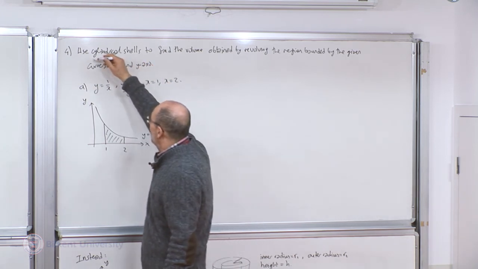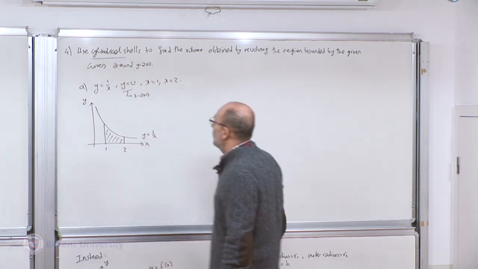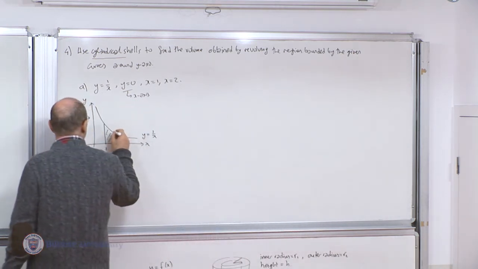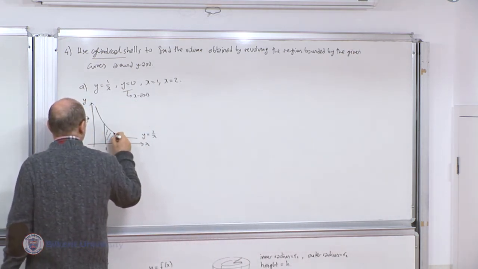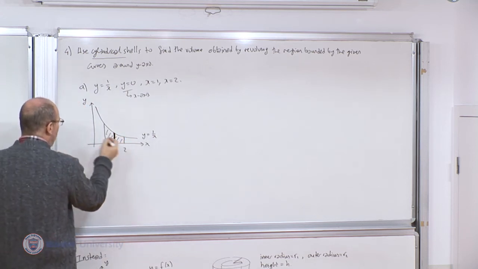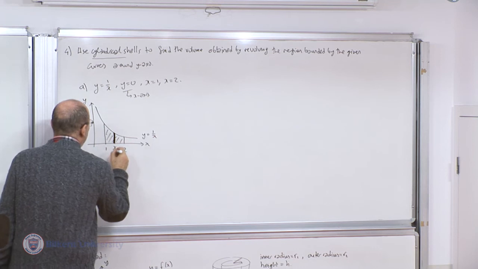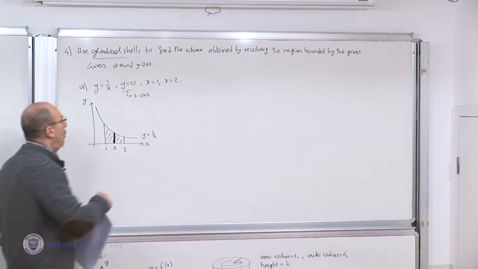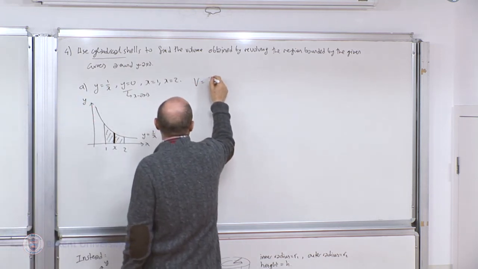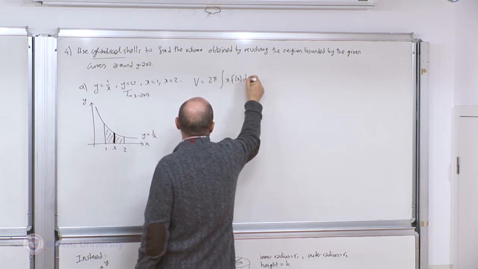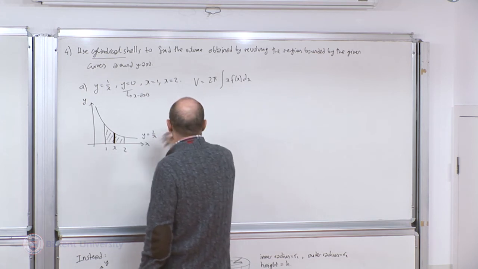But here we are practicing cylindrical shells. So I consider a thin height here. This thing is revolved around the y-axis to give us a cylindrical shell. So this is at x. Again, the volume is the integral of 2 pi x f of x dx from 1 to 2.